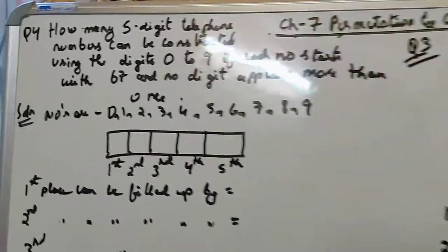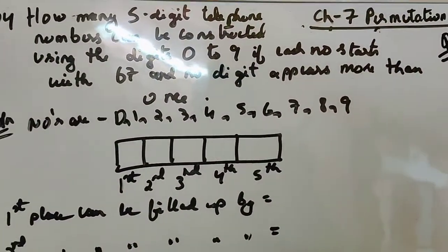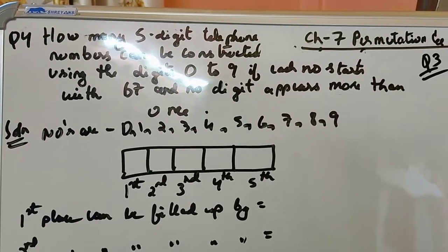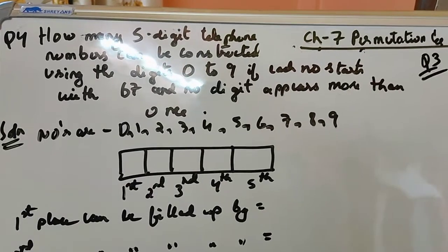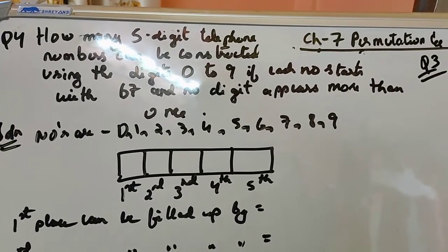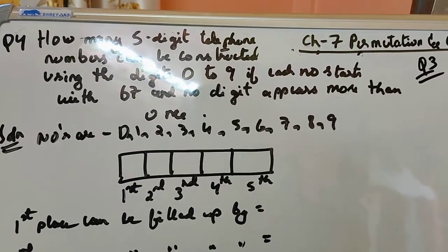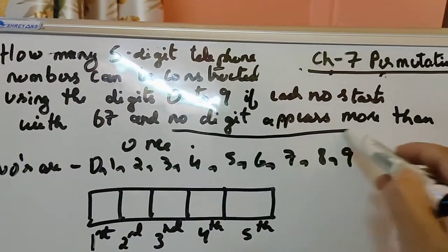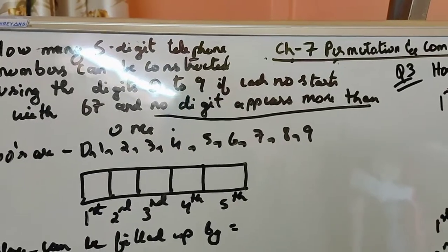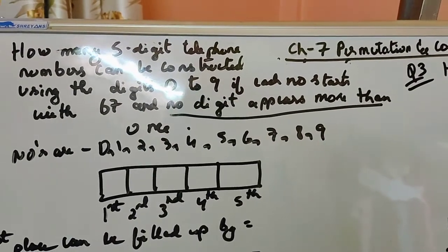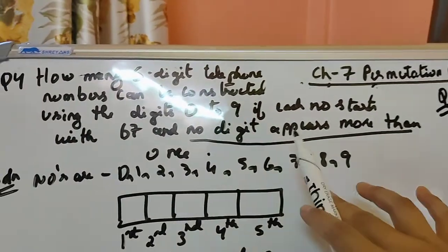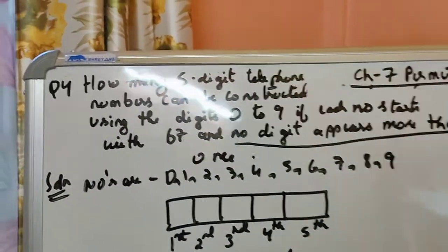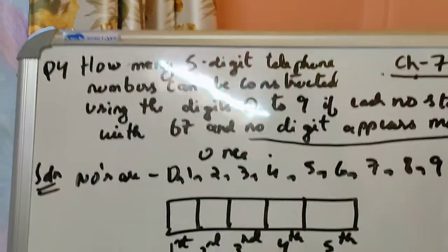Now next come to question number 4. How many 5-digit telephone numbers can be constructed using the digits 0 to 9 if each number starts with 67 and no digit appears more than once? No digit appears more than once means numbers cannot be repeated. They are just changing the sentence. Now we need a 5-digit telephone number.